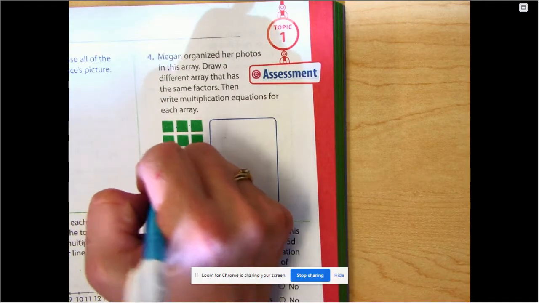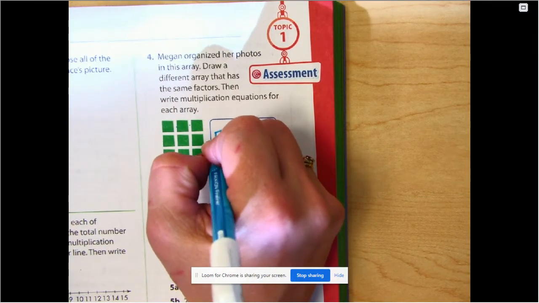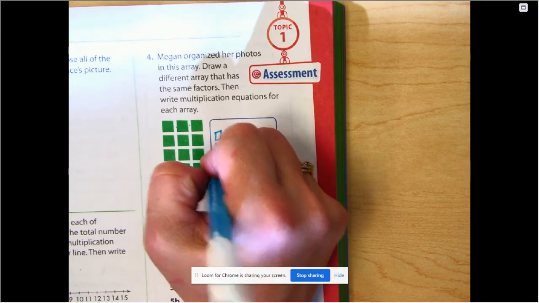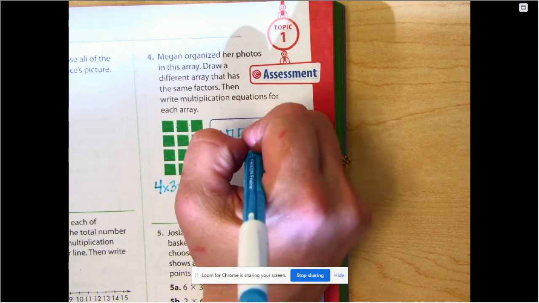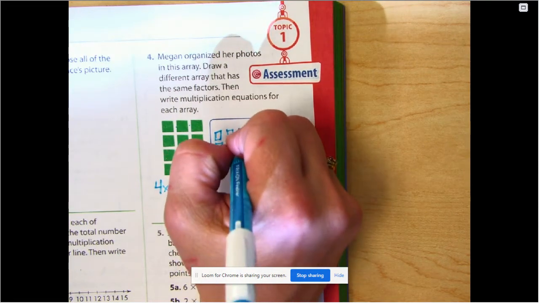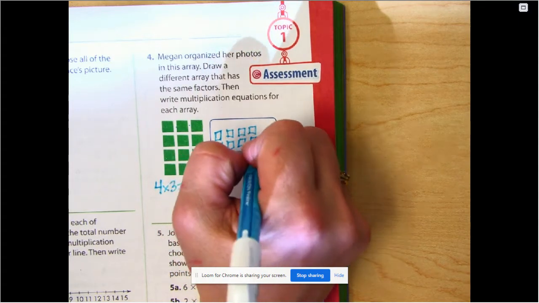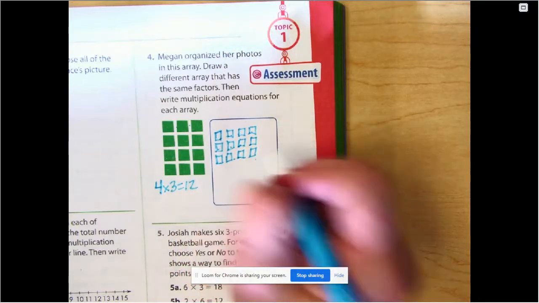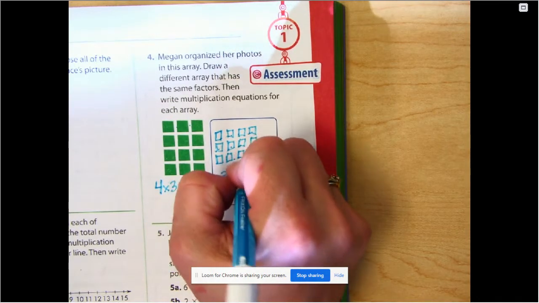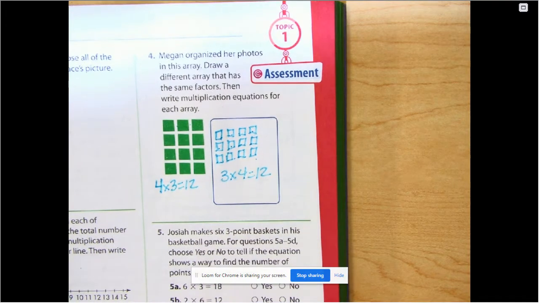And I know commutative property means I can do this. 1, 2, 3 rows with 1, 2, 3, 4 in each row. 1, 2, 3, 4, 5, 6, 7, 8, 9, 10, 11, 12. 3 groups of 4 equals 12. We've got our commutative property there.